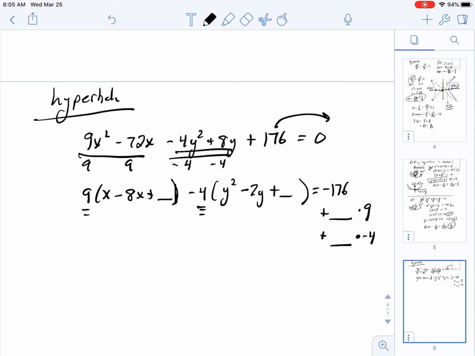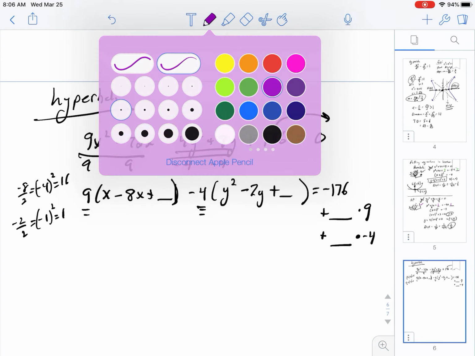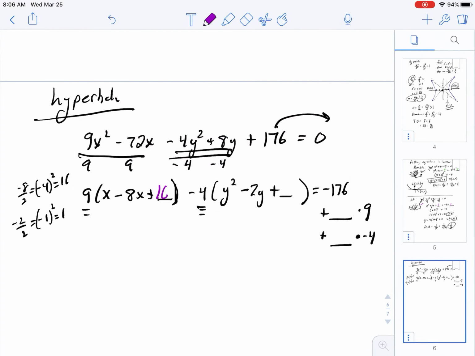All right, so do the same process. Take -8, divide by 2, so you have -4 squared is 16. And then do the same thing. You take -2 divided by 2, -1 squared, which is 1. So that would mean I'm going to put 16 here and 16 here, 1 here and 1 here.